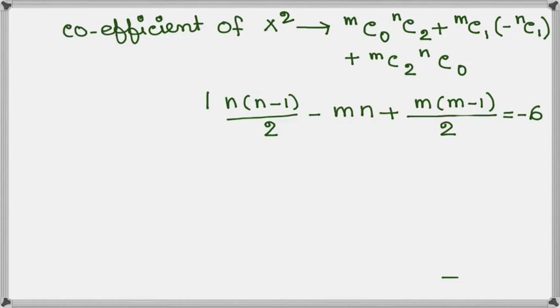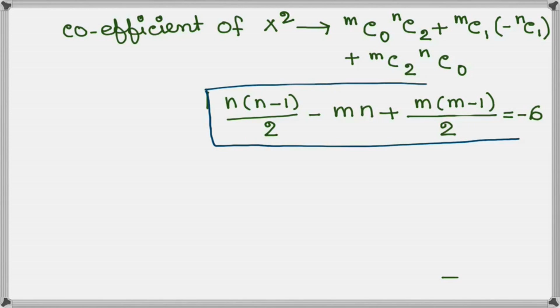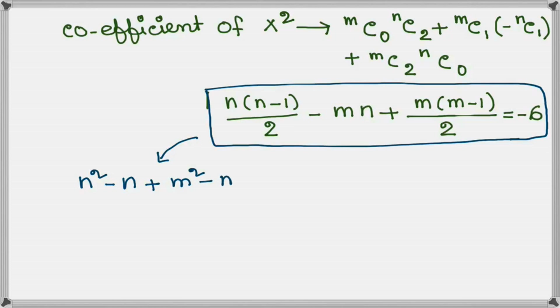So we are getting another equation in m and n. Let us simplify this equation. After simplifying, we get n square minus n plus m square minus m minus 2mn is equal to minus 12.